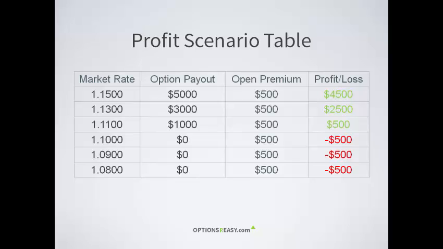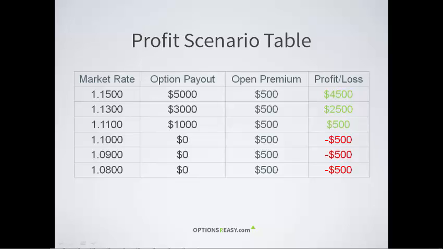In this table it's very clear that if the market rate goes up, our profit will grow, and that is unlimited. Yet if the market rate goes down, we will create a loss, but this loss is limited to the $500 that we originally paid for the option, and there is no stop loss involved here.